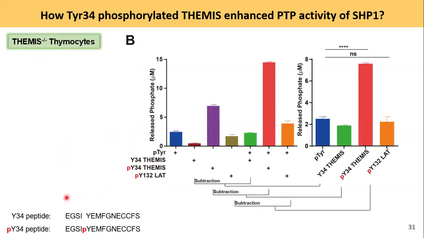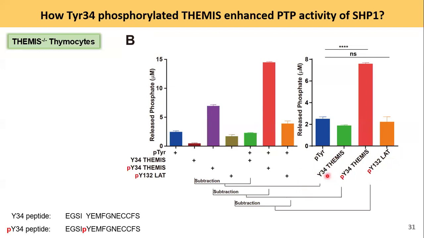With this key data in mind, we synthesized this peptide with tyrosine phosphorylated and unphosphorylated. We found that this particular PY34 CMIS peptide, as listed here, can elevate the phosphatase activity of SHP1. The sequence of this peptide is also unique. When we use the PY132 lead peptide, it cannot be used as a phosphatase agonist.